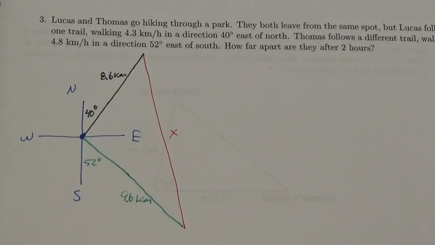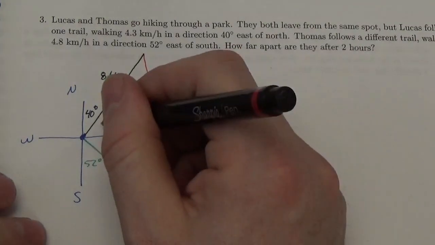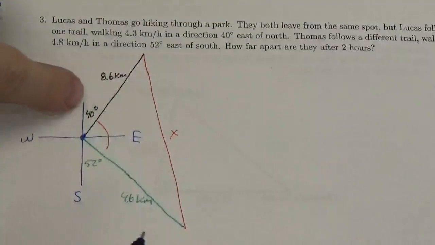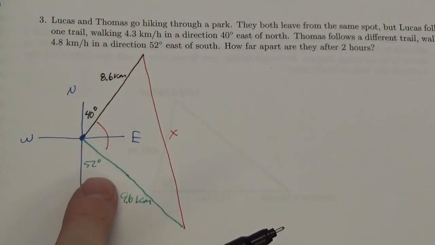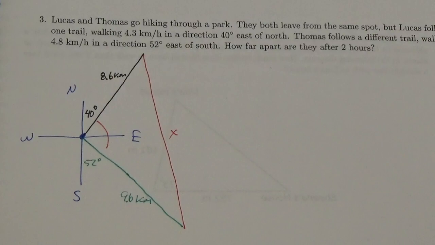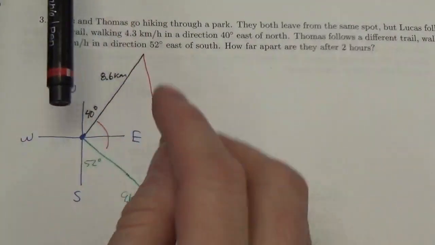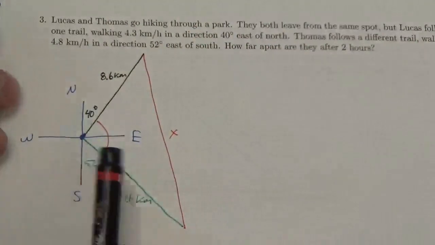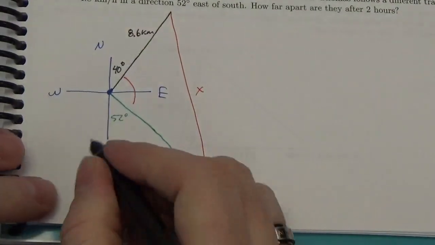Well, that's awesome, but what I'm missing is this angle in between. I know what the angle is out here, I know what the angle is out here, but I don't know what the angle is in between. What I do know is that from north all the way down to south is 180 degrees.